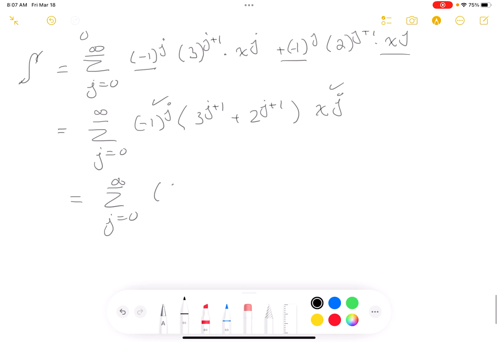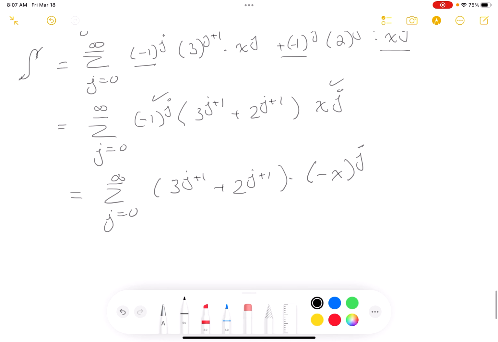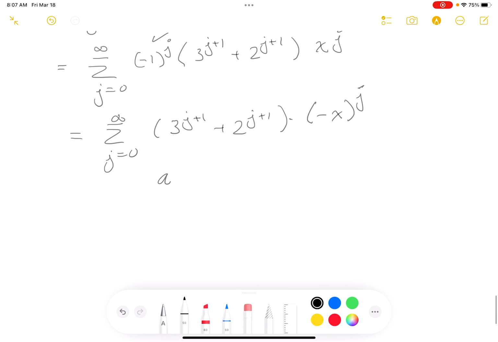I'm going to try to make it as compact as possible. All right. Let's write it down then. a_n is equal to 3 to the j plus 1 plus 2 to the j plus 1. I'm sorry, I'm using j when Wells has used n. Sorry about that. I do that often.